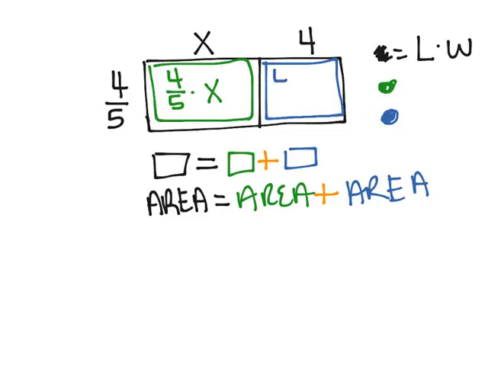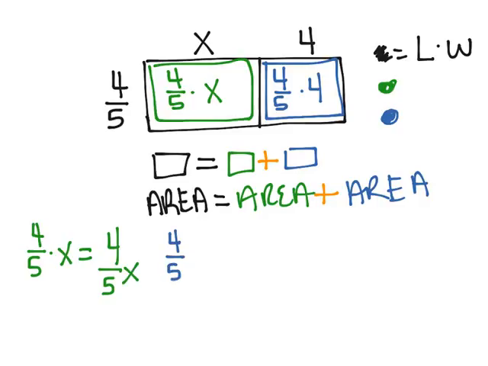In this case, 4/5 times 4. Let's simplify these two equations. 4/5 times x can't be simplified any further, so we'll leave it as 4/5 x. 4/5 times 4 can be simplified.